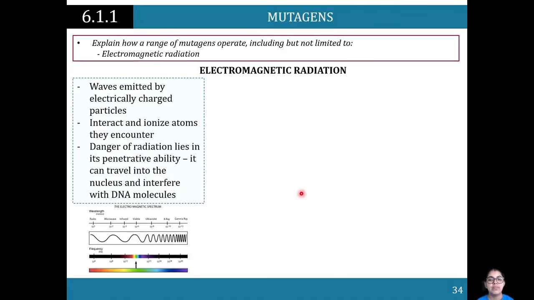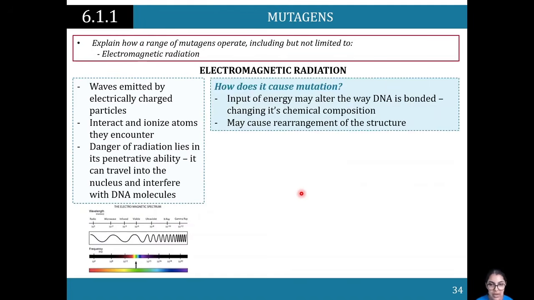So we'll firstly begin by looking at the mutagens. What are the things that actually cause these mutations to occur? And we're going to talk about electromagnetic radiation first of all. Electromagnetic radiation, as the name suggests, refers to the waves that are emitted by electrically charged particles.